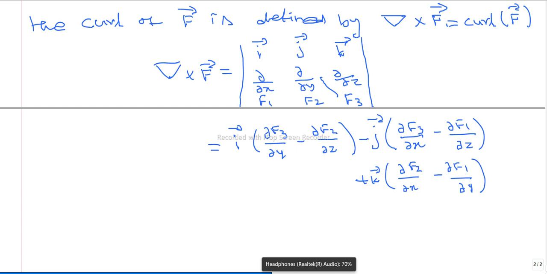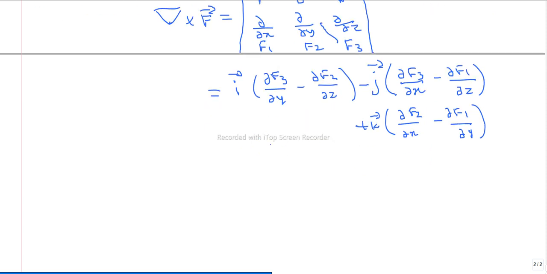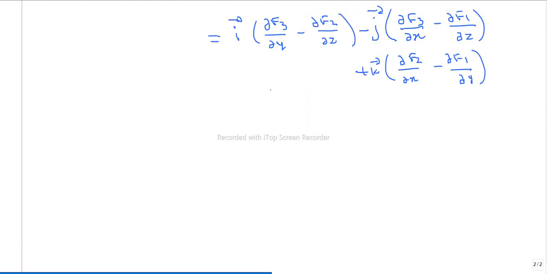Now suppose this curl is 0, then we say it is an irrotational vector. A vector is said to be irrotational if the curl is 0. So the next definition is irrotational vector. Suppose f is a vector point function.